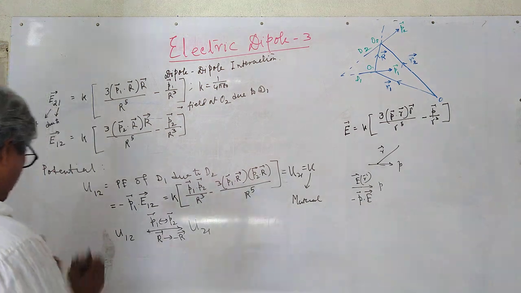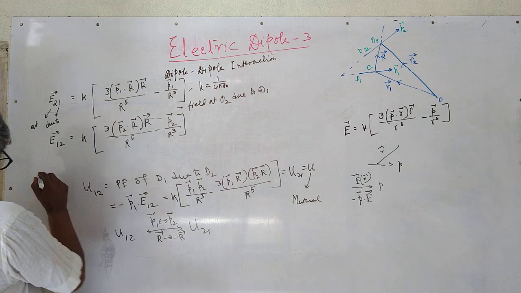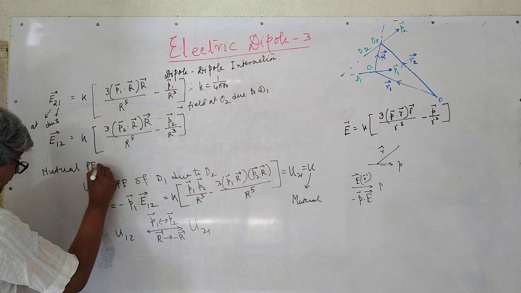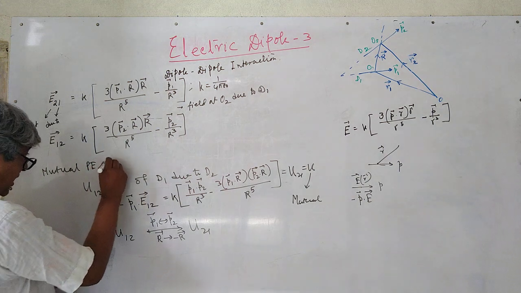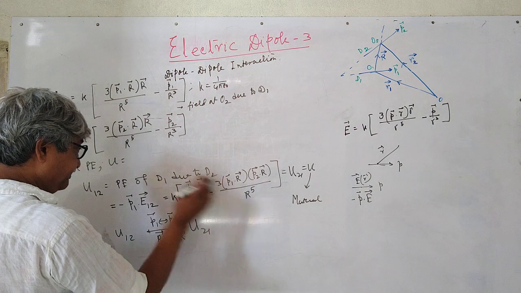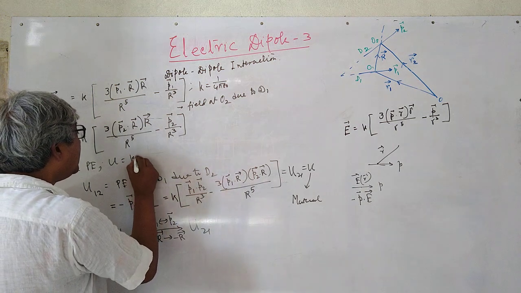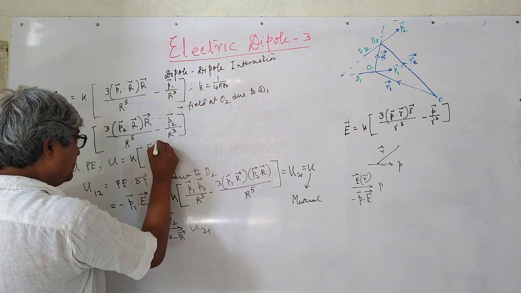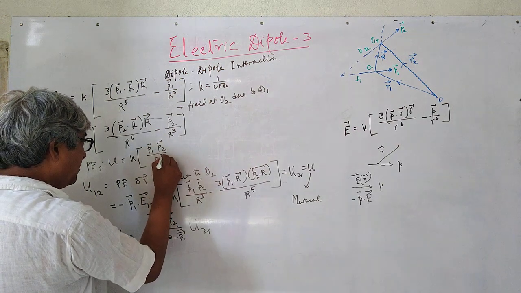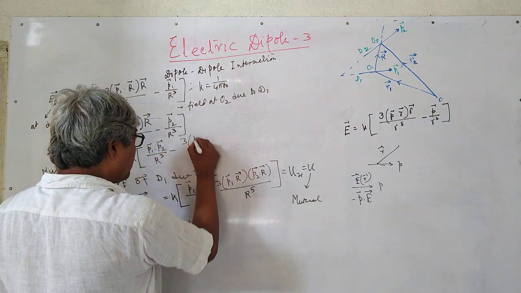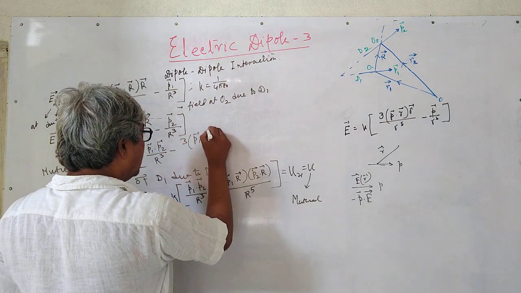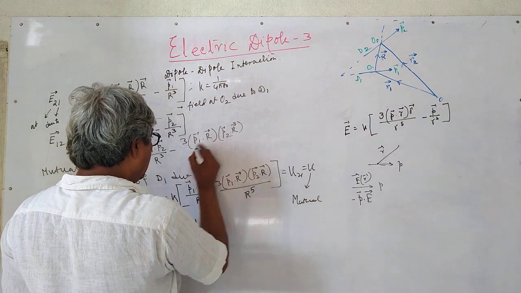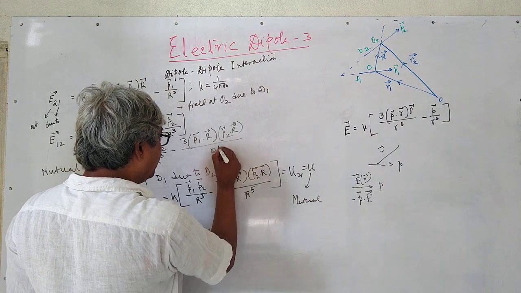So we summarize it as: the mutual PE for two interacting dipoles is governed by U equals k times P1 dot P2 by R cube minus 3 P1 dot R, P2 dot R upon R to the power 5.